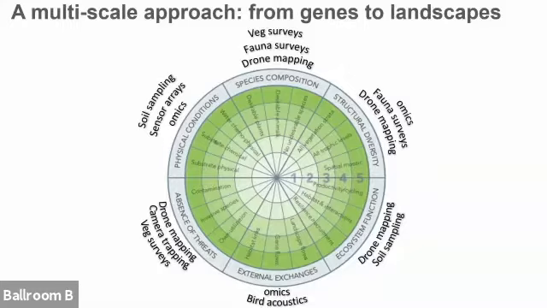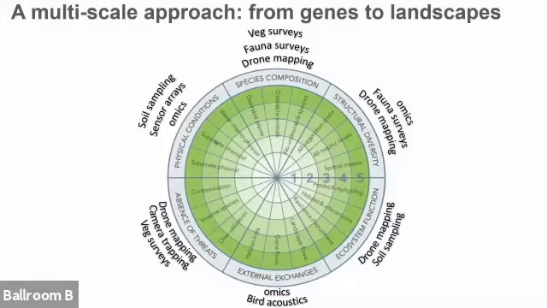So for example, for species composition, we're using things like veg surveys, fauna surveys, and drone mapping. Structural diversity includes things like omics, fauna surveys, drone mapping, external exchanges using omics and bird acoustics, et cetera, et cetera. So we're overlaying multiple different tools for each of those.